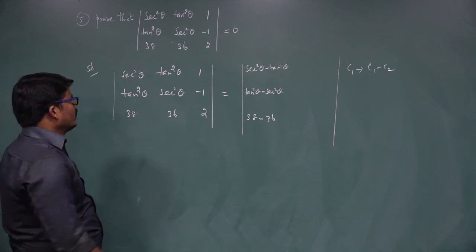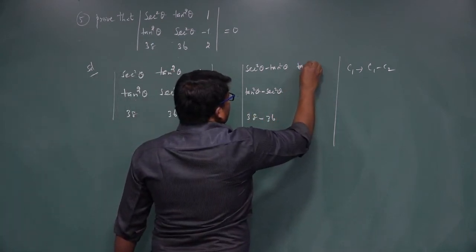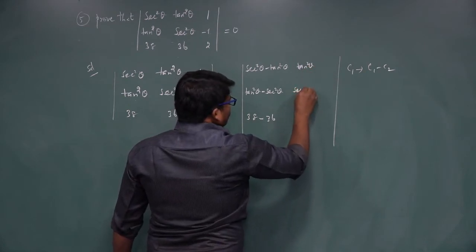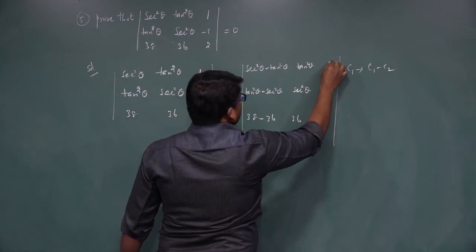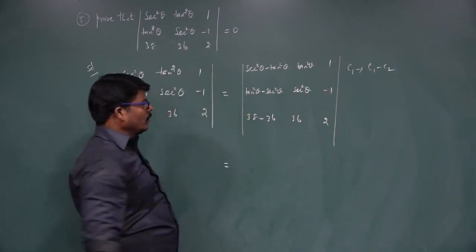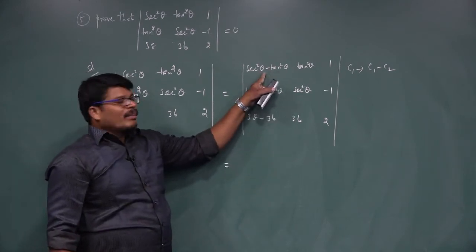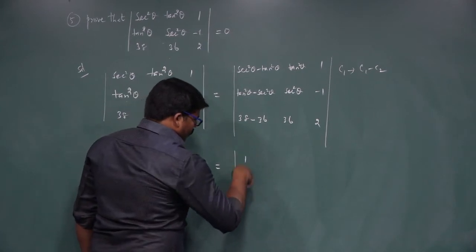First column over. Second column as usual: tan square theta, secant square theta, 3. And the third column as it is: 1, minus 1, 2. That is equal to: secant square theta minus tan square theta value 1.